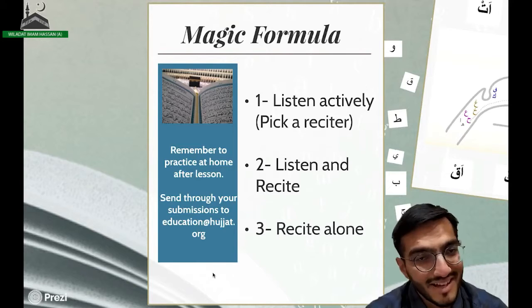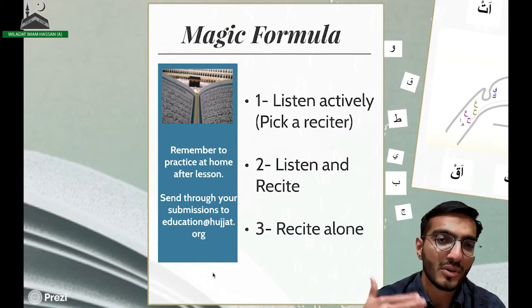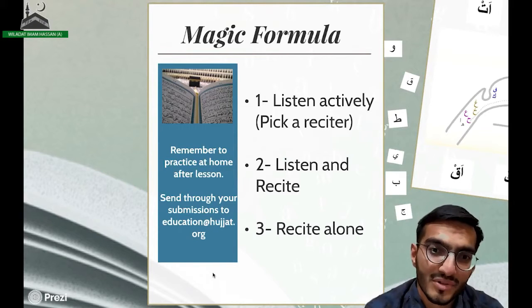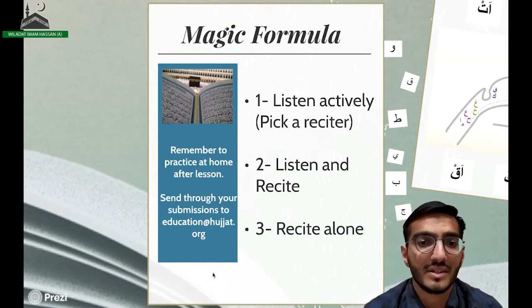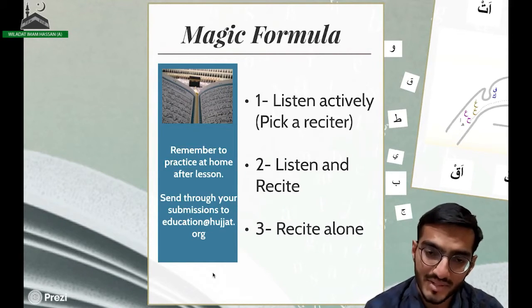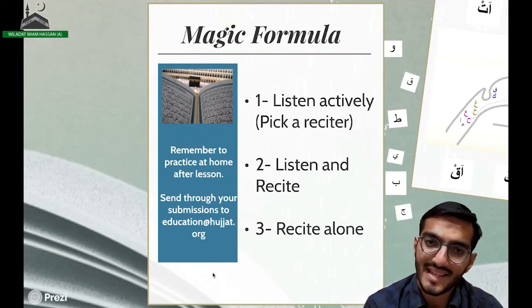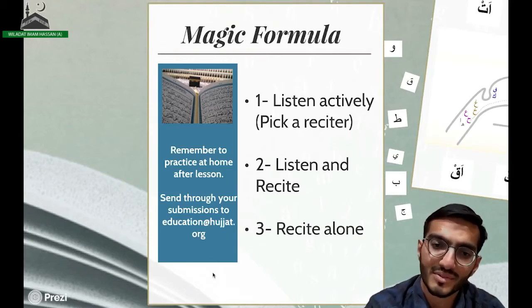By now, I'm guessing you all know what the magic formula is, and you've already seen the rewards of using it. We'll do it again. We'll listen actively by following, and we've picked our reciter. Then we will listen and recite in small portions, and then I'll leave you to recite alone.